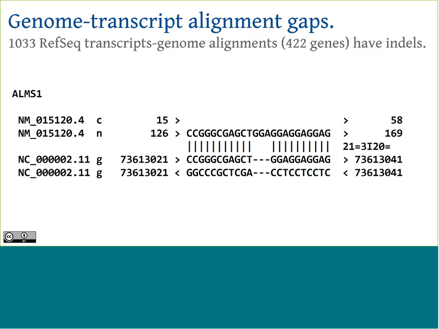Right. So cDNA sequences have been around a lot longer than even the human genome sequence in many cases, and they come from different people. So there's no reason, in fact, there's a lot of reason to think that they wouldn't agree in general, right? Because they come from different people and different populations even.